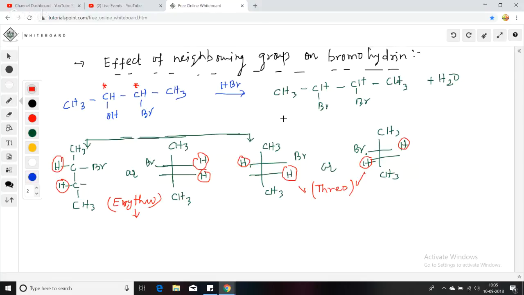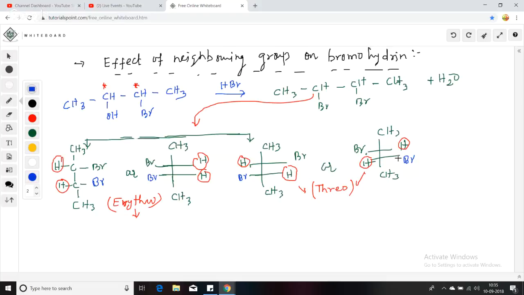We are drawing this for this compound. All these OH get replaced by Br. So I write down Br here, Br here, Br here, and Br. Right?